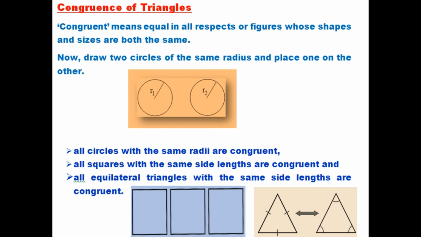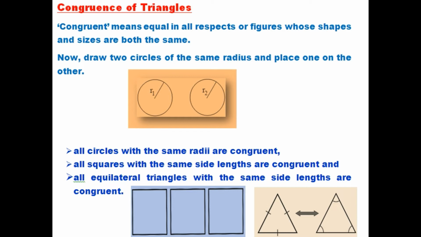In the same way, all equilateral triangles with the same side are congruent. You take two equilateral triangles having the same side. If the length is 5 centimeter for one, this equilateral triangle is also 5 centimeter.